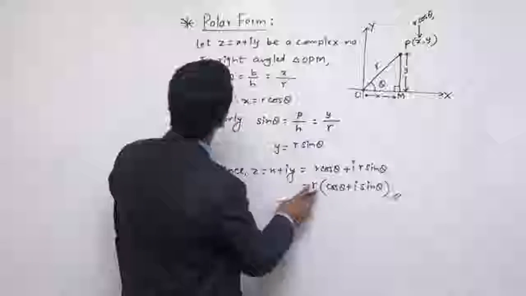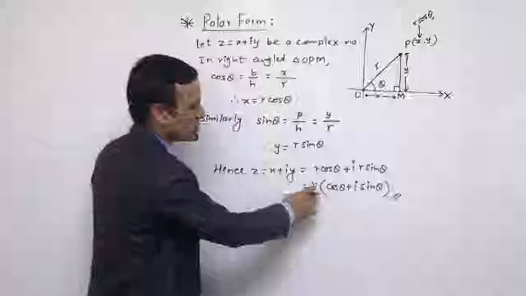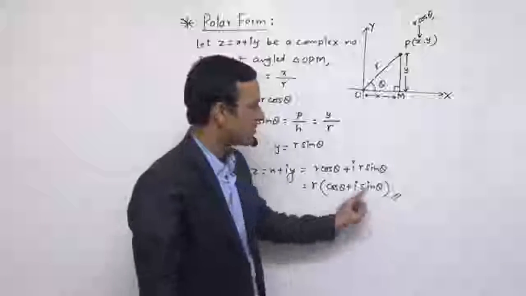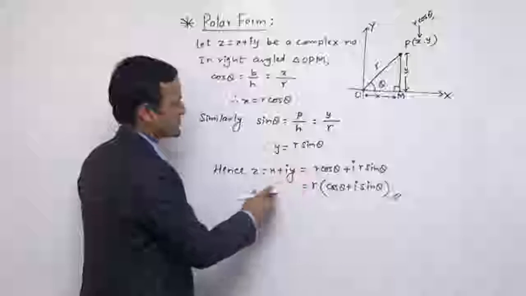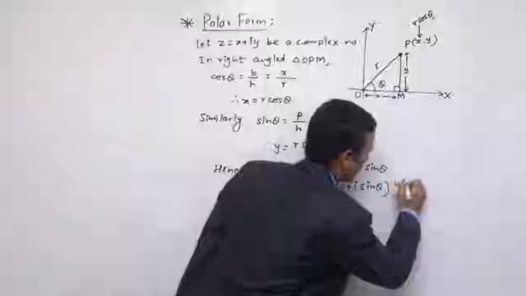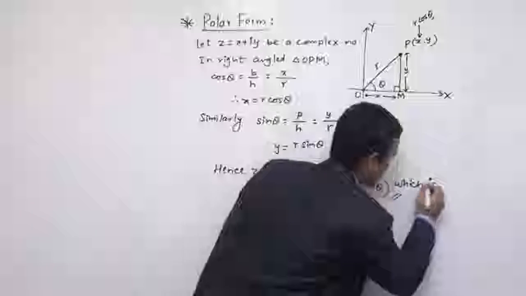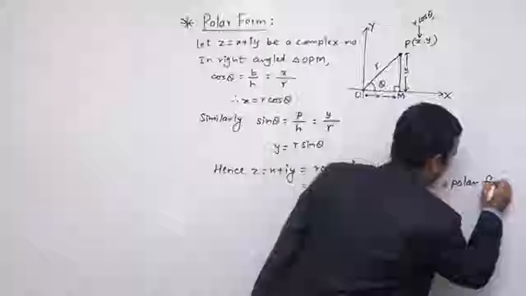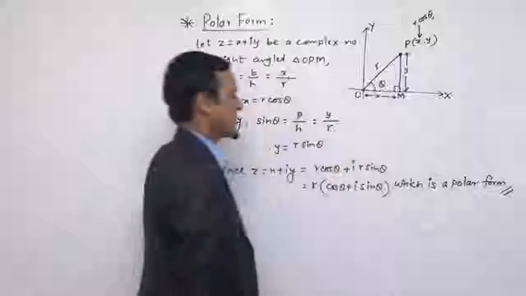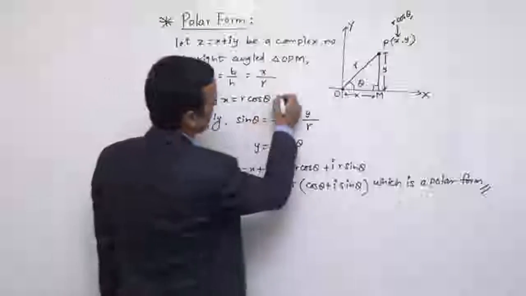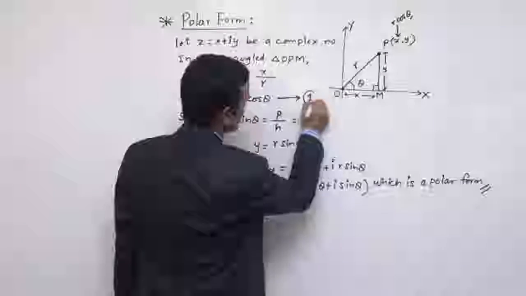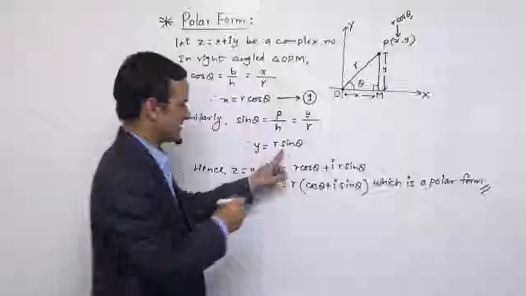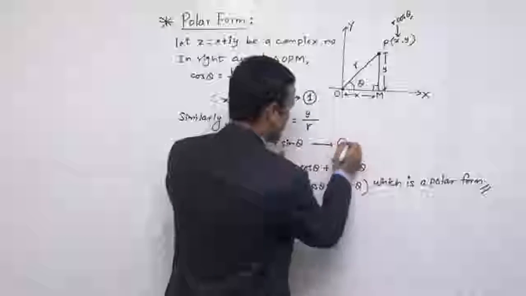So in this way we can convert x plus iy into polar form. So this form is known as polar form. Also we can write which is a polar form. So now we can find out, suppose this is equation 1 and also this is equation 2.